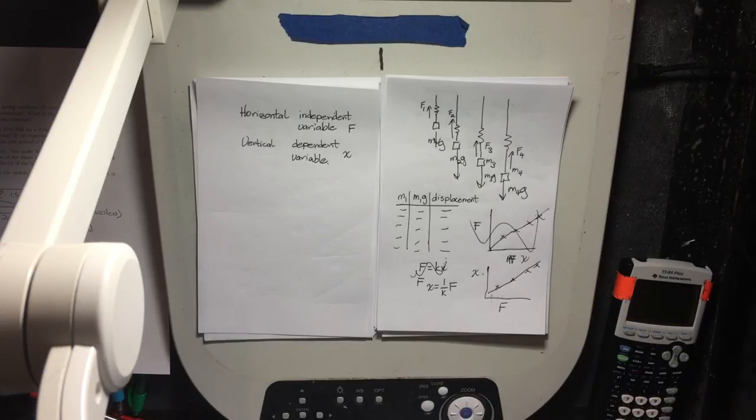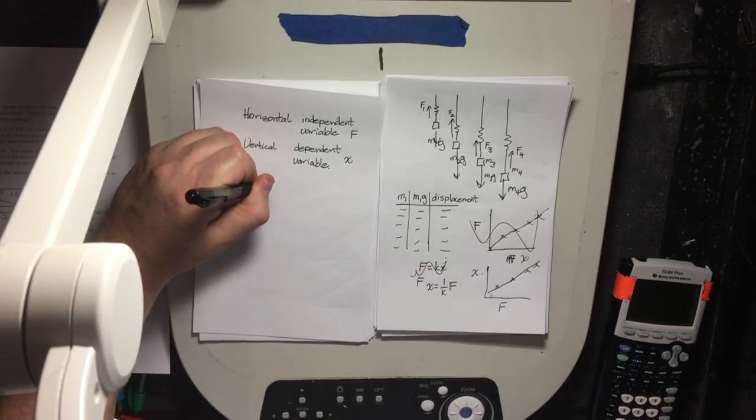It depends on how much mass is hanging from it. You can hang 30 grams of mass off that spring, or 60 grams. You're the one who has direct control over the mass. You have indirect control over the displacement.